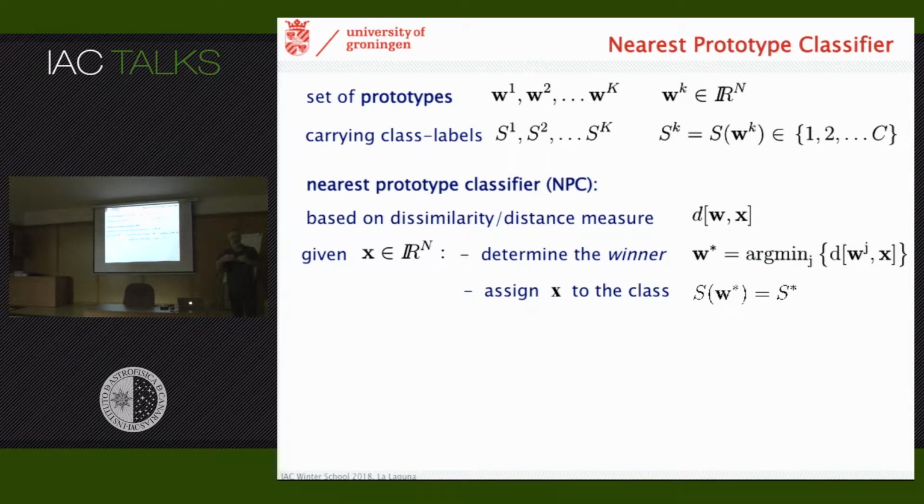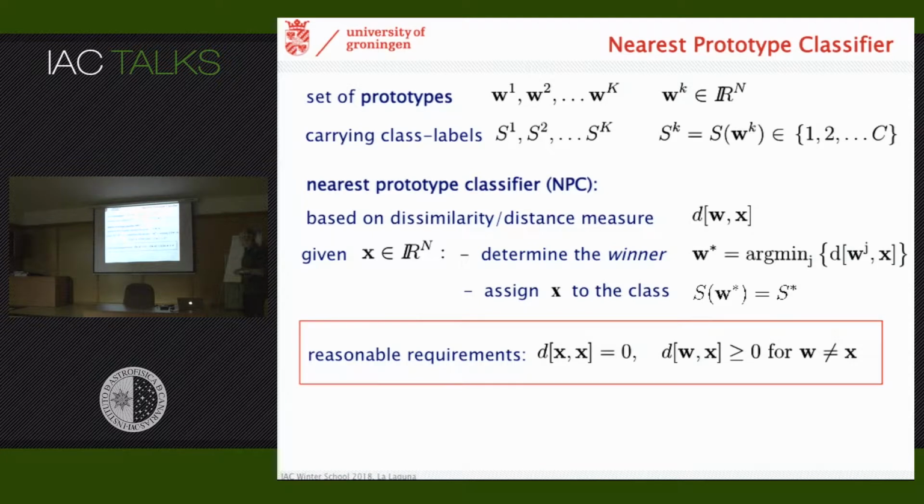So we also say the data point is of the same class as is given by the label of the prototype, right?